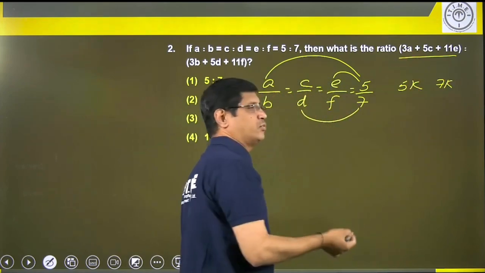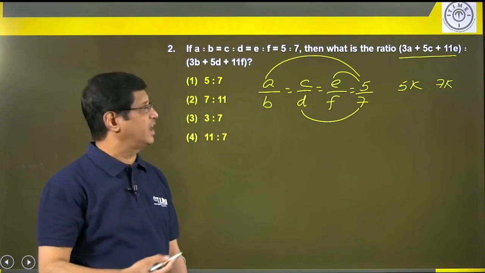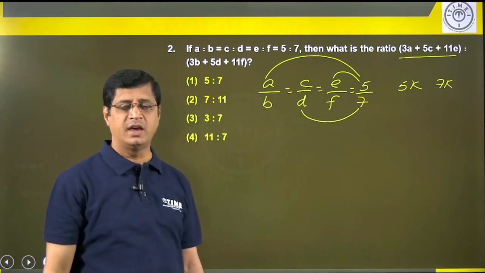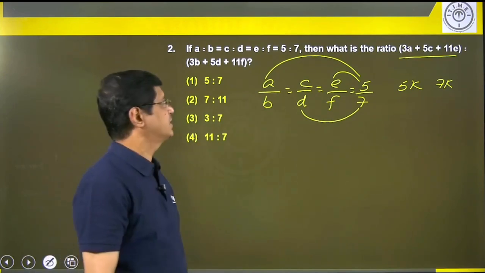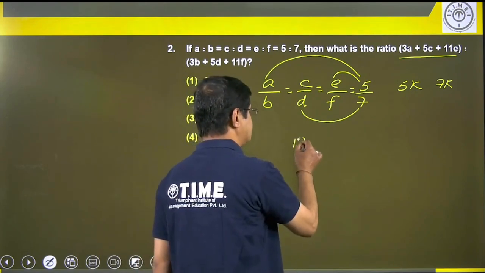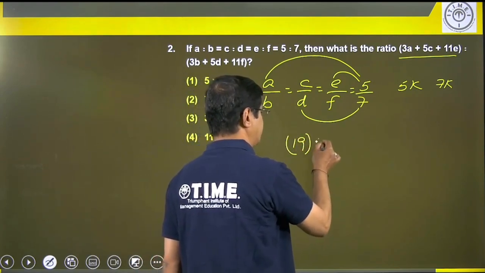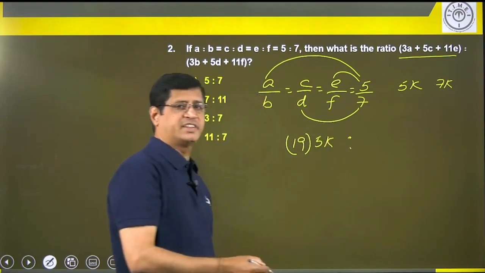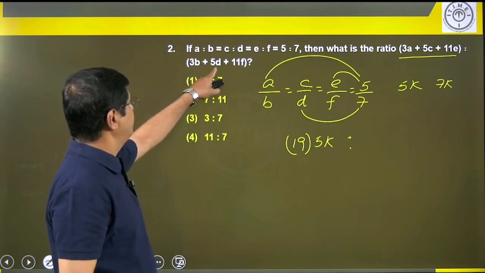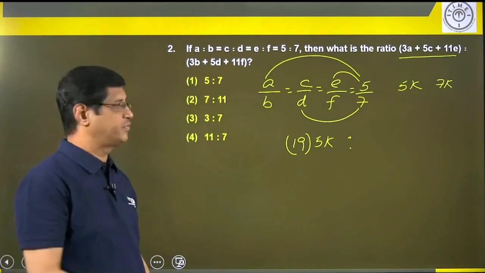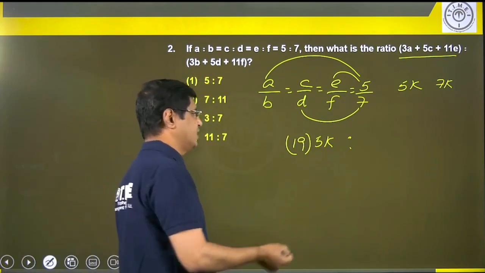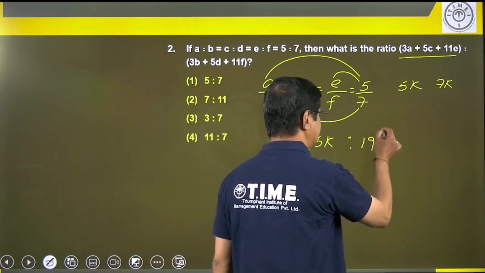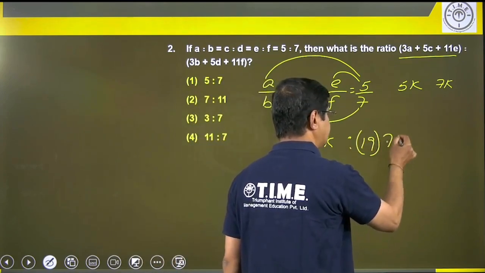Now 3 times 5k, 5 times 5k and 11 times 5k, by adding all these we get 19 times 5k. Similarly, look at the second part: 3 times B, 5 times D and 11 times F. Now 3 plus 5 plus 11 is again 19 times 7k.